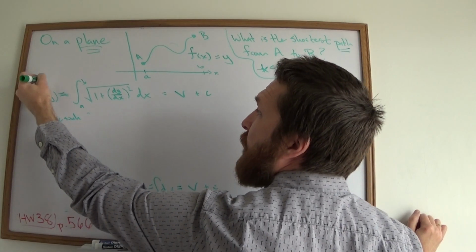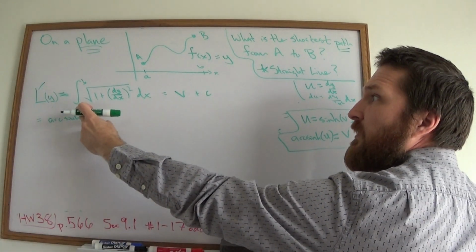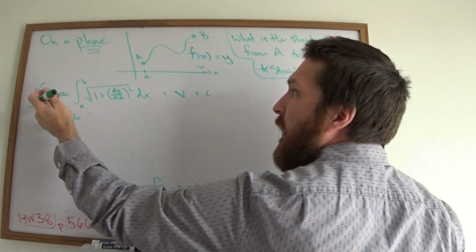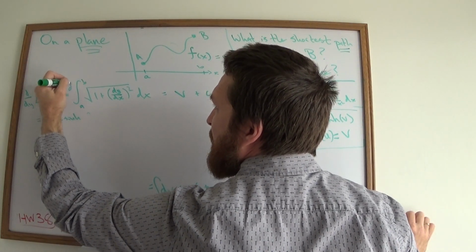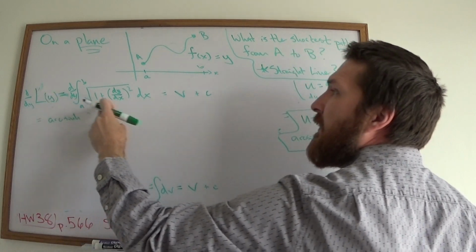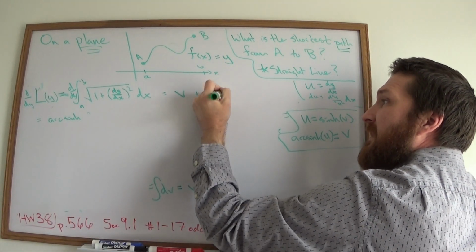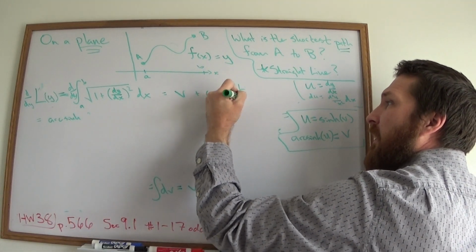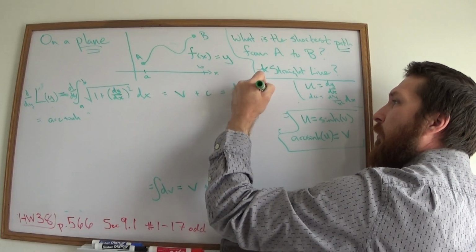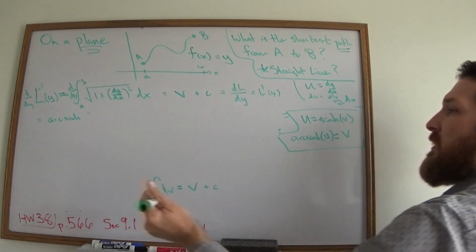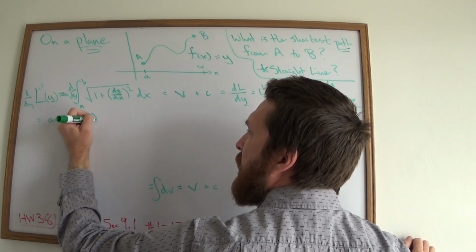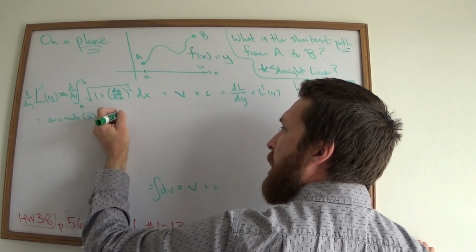Oh, and this is a prime, by the way, right? We took the derivative. So this is d L dy, or L prime, the thing that I've been looking for. Which is arc sinh u plus a constant.